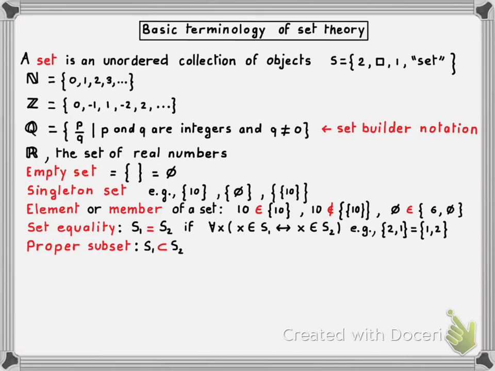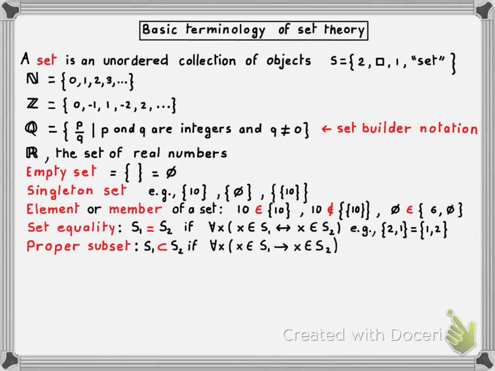The next definition states that S1 is a proper subset of S2. Intuitively, that means S1 is contained in S2. In other words, every element of S1 is also an element of S2, but S1 is not equal to S2. That means there must be at least one extra element in S2 that is not in S1.